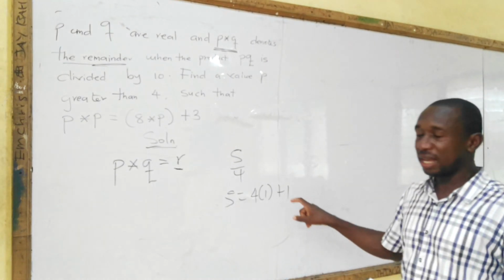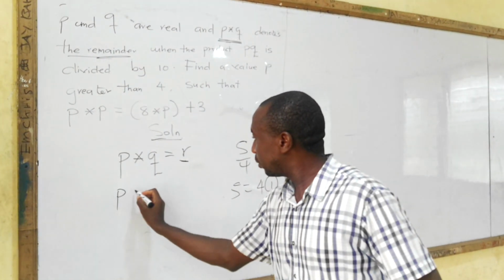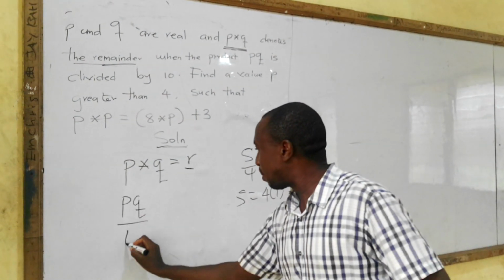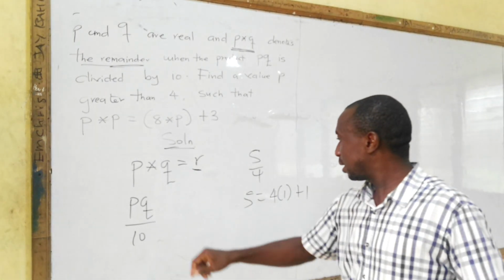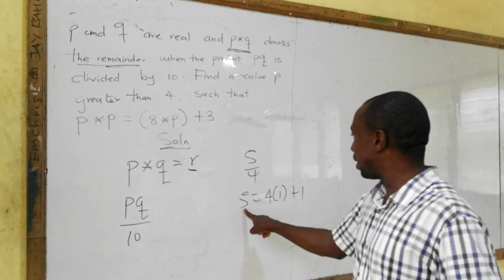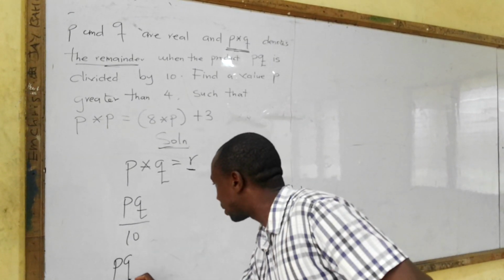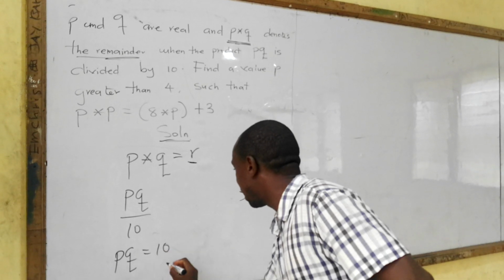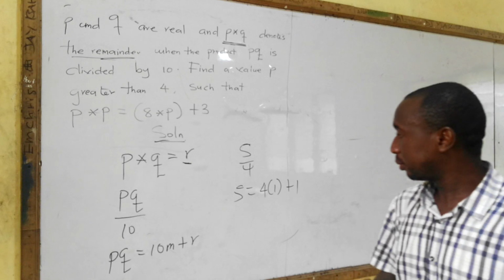And this 1 here is the remainder. So if I have PQ divided by 10, I can equally write this. PQ is the dividend, so I can write PQ here as 10M plus R.